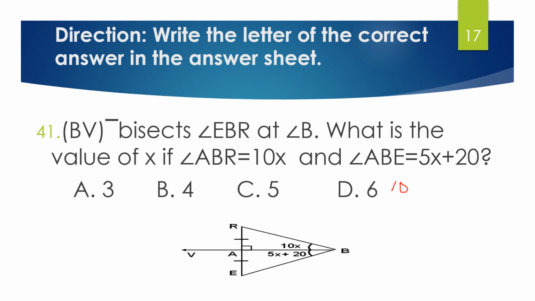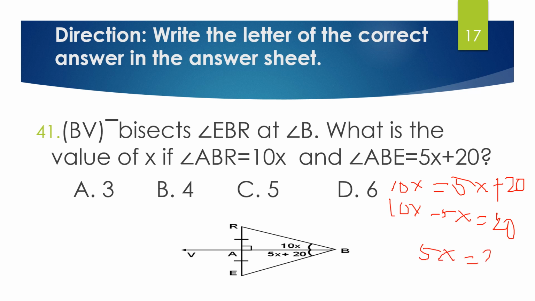Of course, 10x equals 5x plus 20. So we have 10x minus 5x equals 20, so 5x equals 20, divided by 5, x is equal to 4. Alright, so letter B.